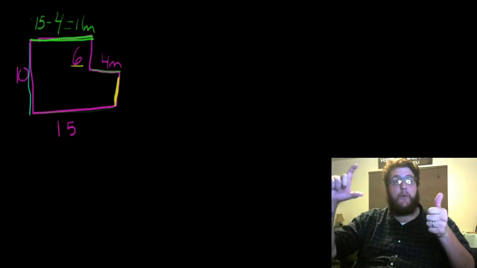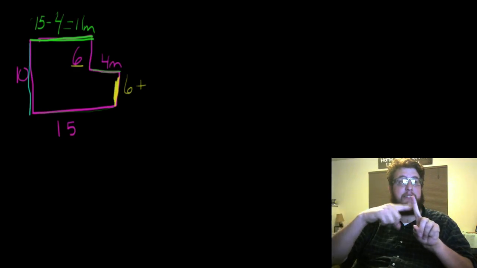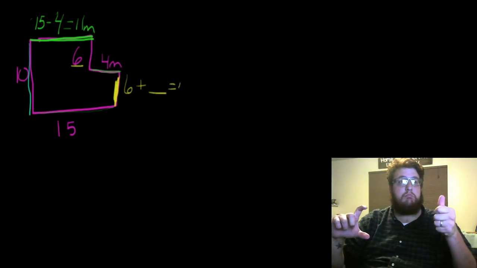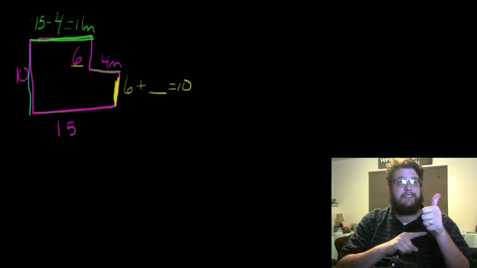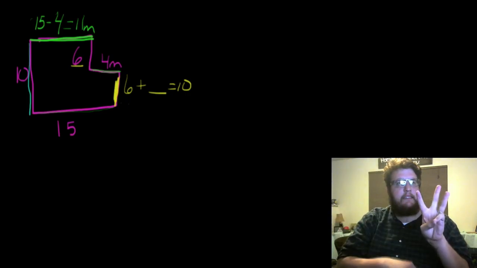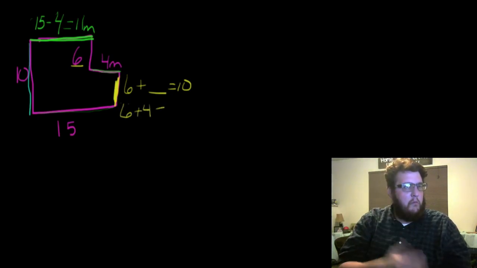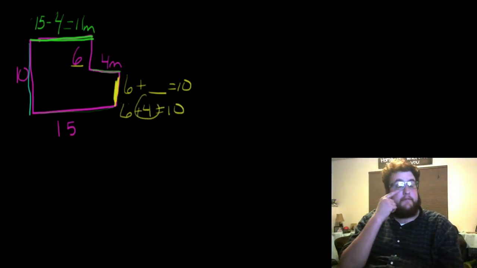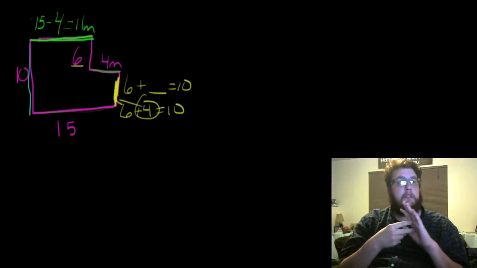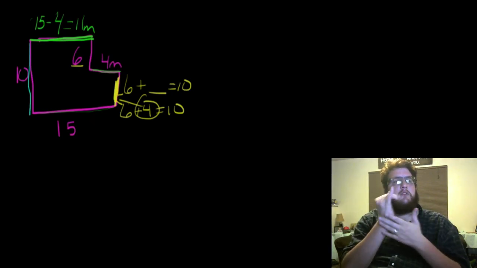So I know that 6 plus whatever this is going to equal 10. Well, just by using my powers of counting, I can count upwards from 6, and I know that 6 plus 4 is equal to 10. Therefore, this must be 4. So I'm going to go ahead and redraw this and plug in the numbers we know now.